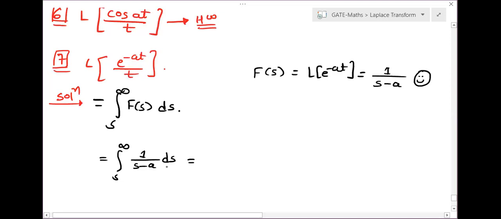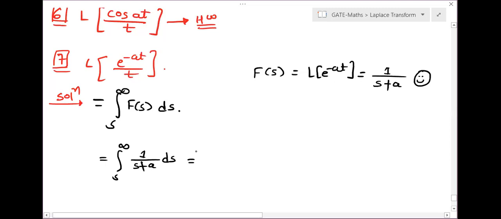Now 1 upon s minus a, what is its integral? Sorry, my mistake. e to the power minus at, so 1 upon s plus a. The same thing happens in first shifting also. Laplace of e to the power minus at is 1 upon s plus a. In the majority of cases, whenever you see e to the power of minus at, the denominator will have s plus a, or if you apply first shifting and change, it is also the reverse.